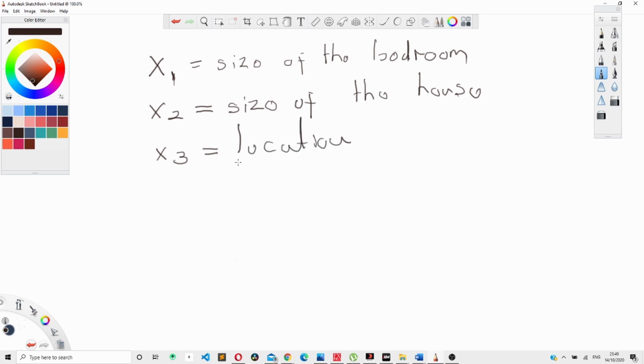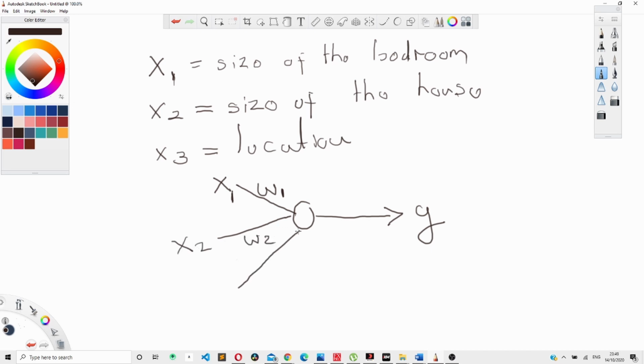And then x3 is going to be, let's say, the location. So how do we represent this using our diagram for the basic neuron, right? So this will be x1. This is our basic neuron. This is x1, w1, which is the weight for x1, we have x2, w2, and then we have x3, w3, and then we add the bias to it.